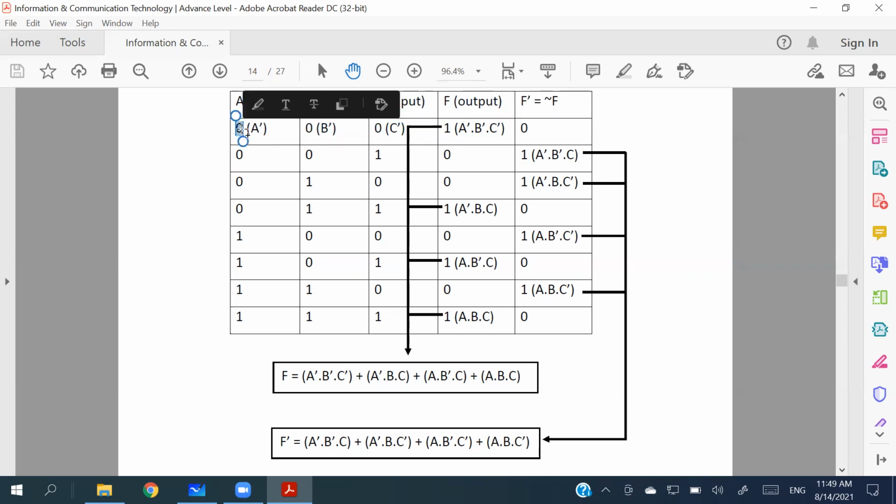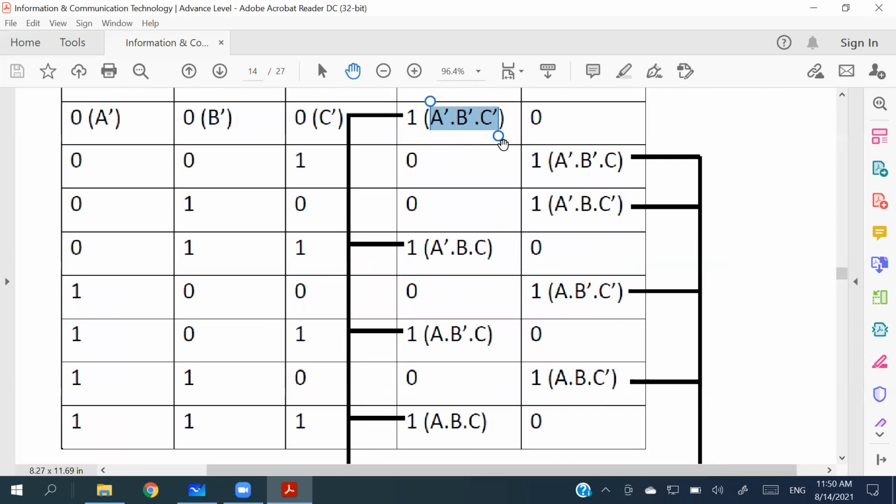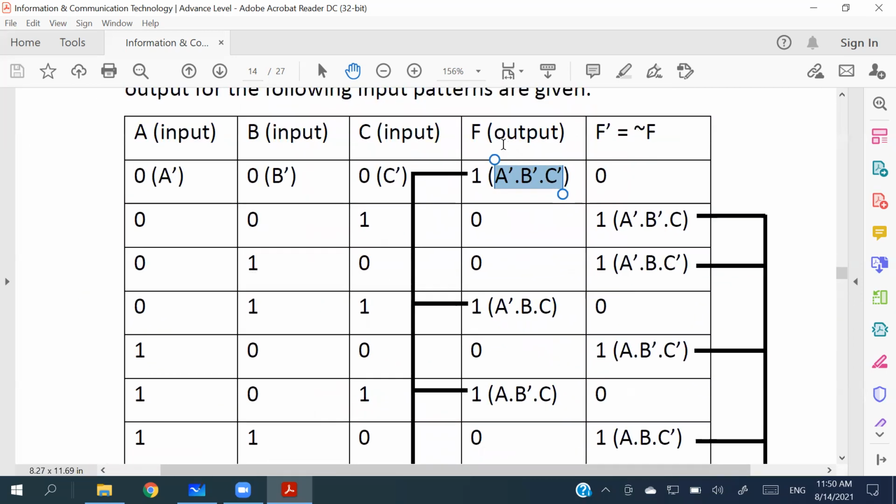So we have 0, 0, 0 over here. So that means these 3 zeros are indicating A bar, B bar, and C bar, right? So here we go. We write the term as A bar dot B bar dot C bar, right? It is because output has 1.